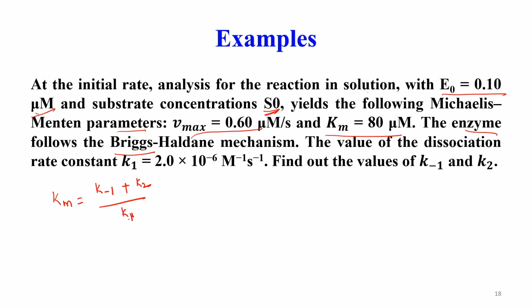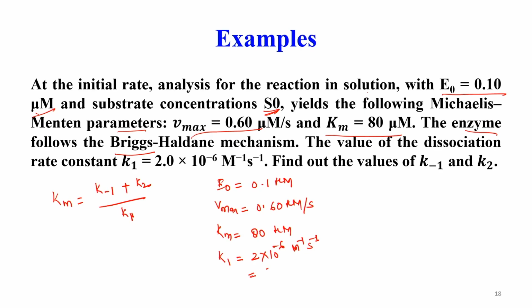upon K1, alright. Now, what is given over here is E naught, which is 0.1 micromole, Vmax is 0.60 micromole per second, Km is 80 micromole and K1 is given as 2 micromole inverse second inverse.